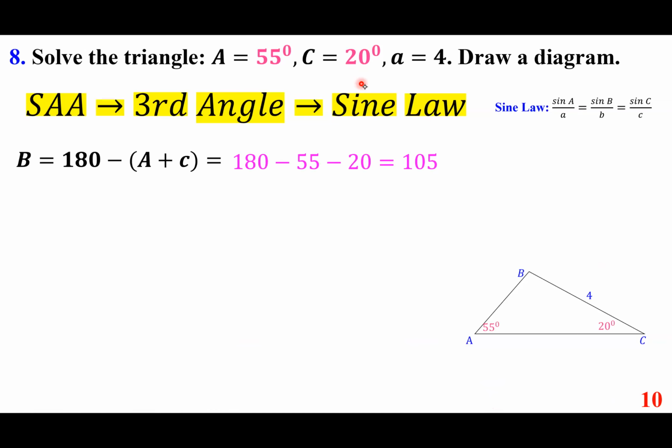And so we are going to use the sine law, and we are going to use the fact that this one and this one are given. Okay, sine of 55 over 4.